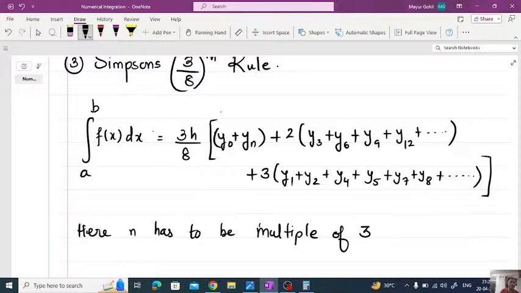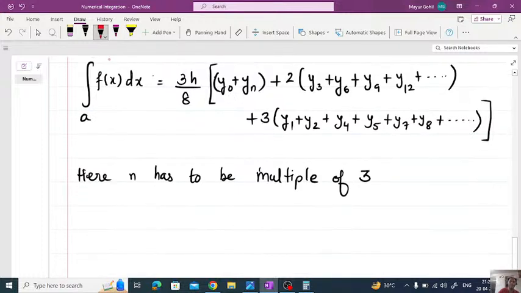These are the main 3 formulas which you have to do. Now let us go ahead.